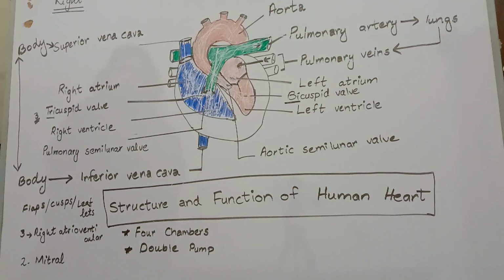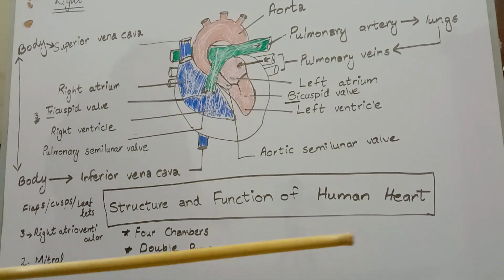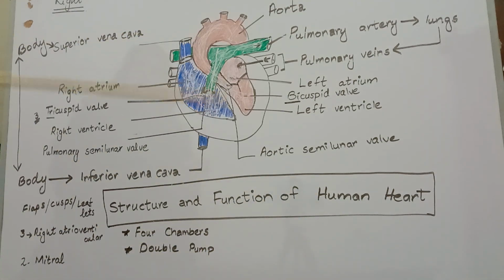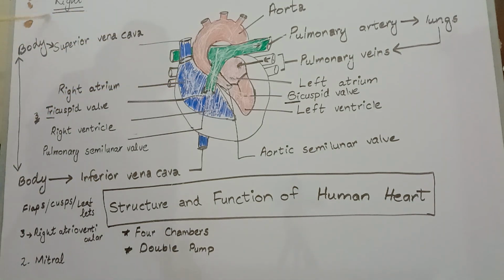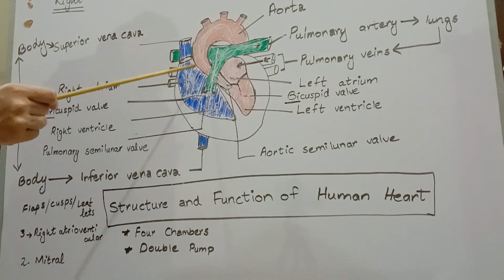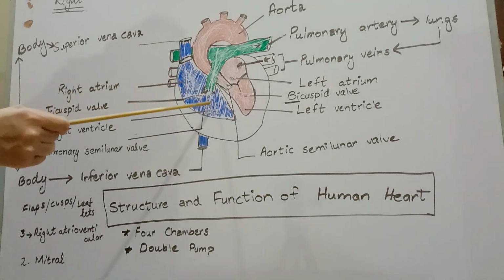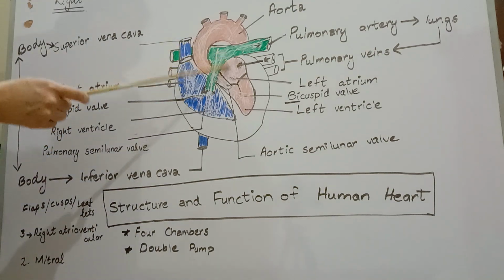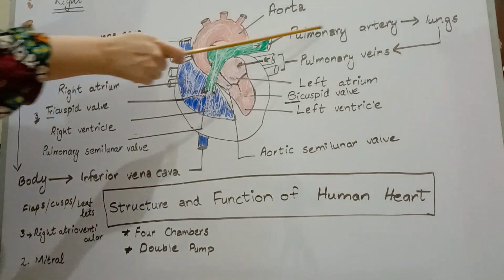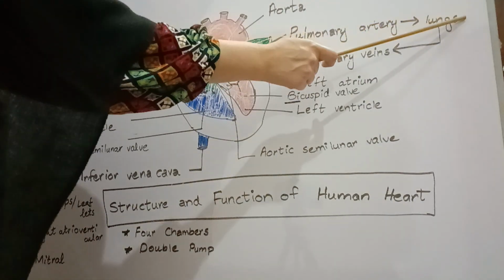Let's summarize the function. Deoxygenated blood moves through the two main veins towards the right atrium, from the right atrium to the right ventricle, from the right ventricle to the pulmonary trunk, and through the pulmonary arteries towards the lungs.